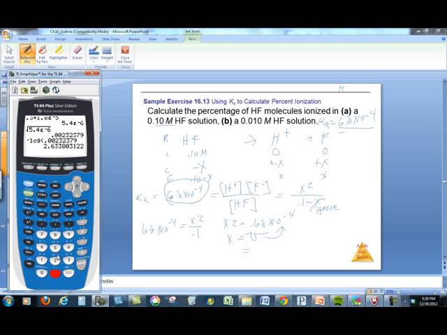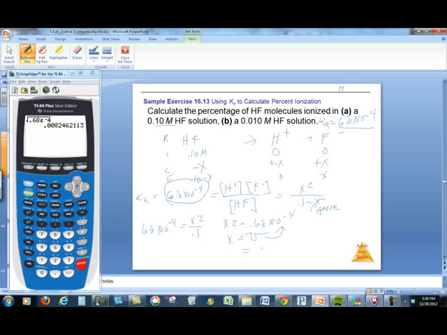So square root of 0.68 E negative 4 gives me 0.00824. Okay, now we want to know the percent ionized.